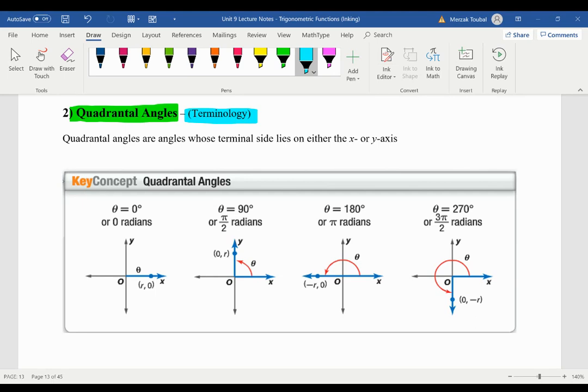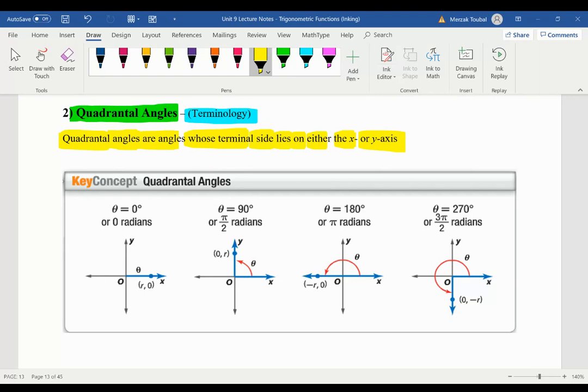So the angles are in standard position, but the terminal side must be on the x-axis or the y-axis for these angles to be called quadrantal angles. So let's look at the definition here. It says quadrantal angles are angles whose terminal side lies on either the x-axis or y-axis. Of course, I added that the angles must be in standard position.